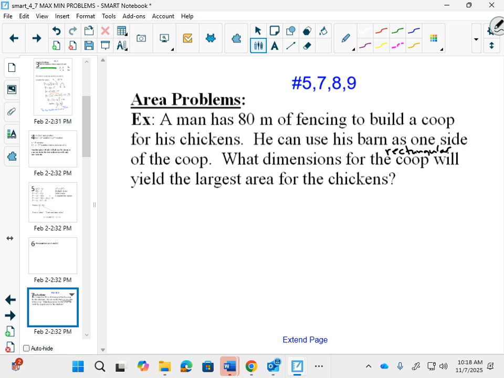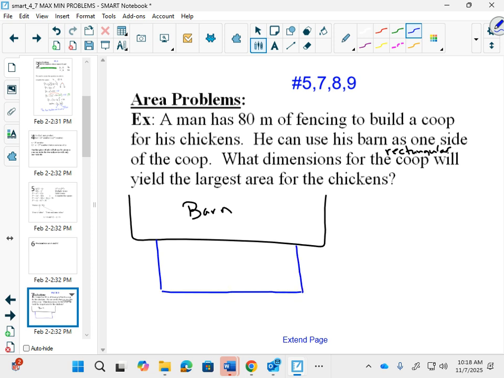So what we're going to do is draw a picture of this looking down from the sky. This is my barn. Looking down from the sky, he is going to build a fence using the barn as one side so his chickens can be in there. He has 80 meters of fencing to start off with, and one of the things that can really help you with this is, can you come up with a specific example?